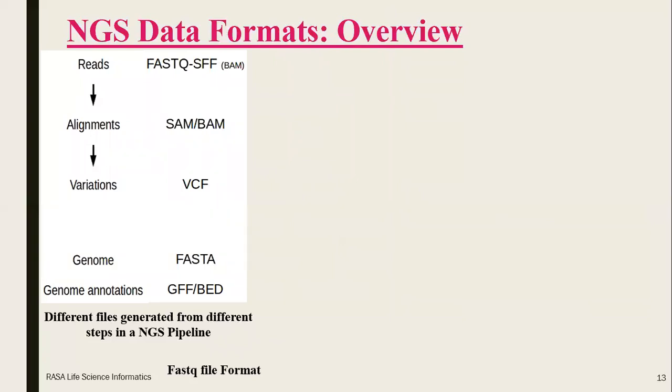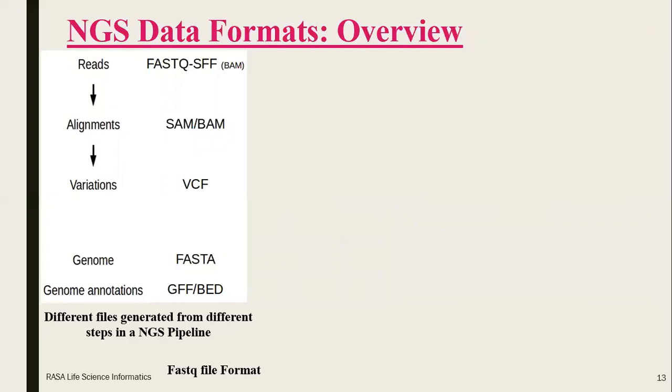The alignment produces the SAM file, which is a sequence alignment map, or BAM file, that is binary alignment map file. Genome browser formats are always in BED format, which is browser extensible data format, or GFF format, that is gene transfer file format, which are annotation files.